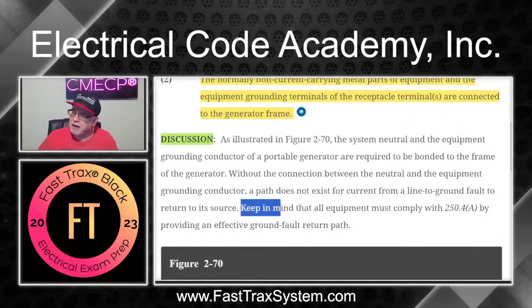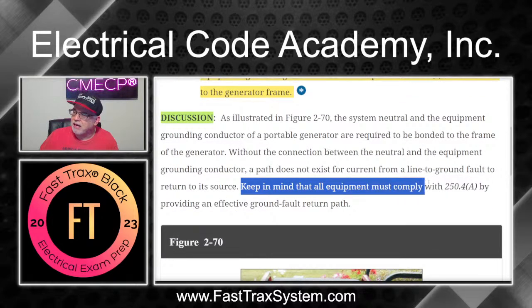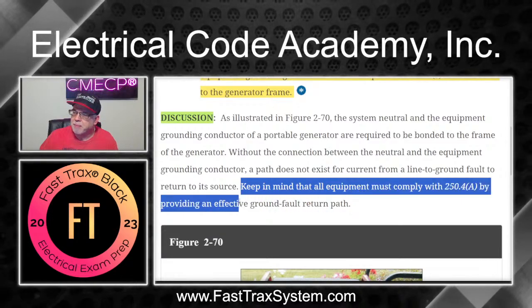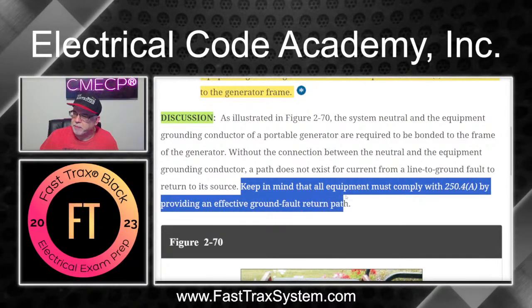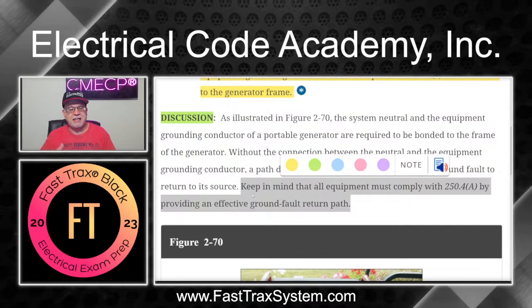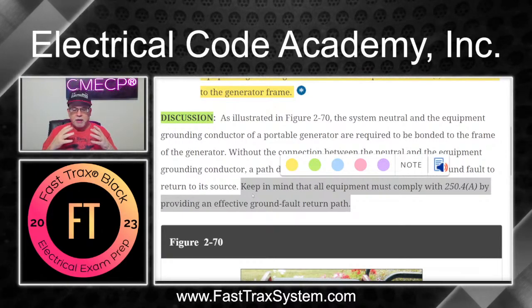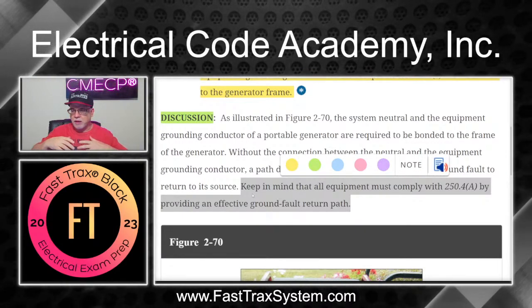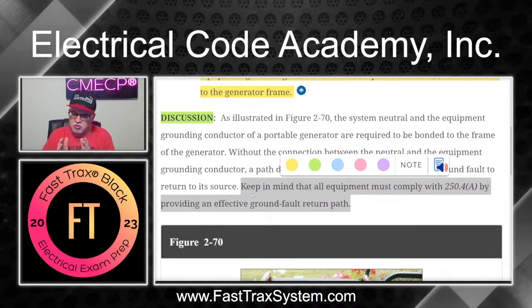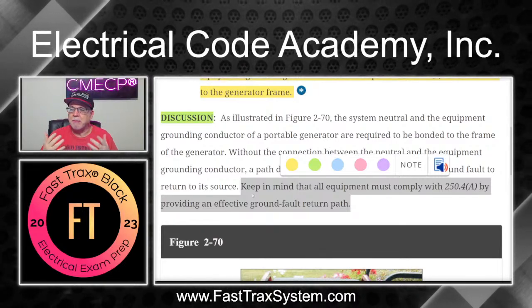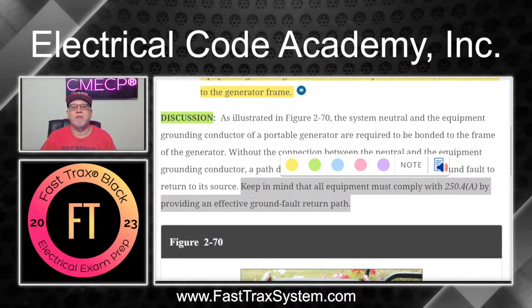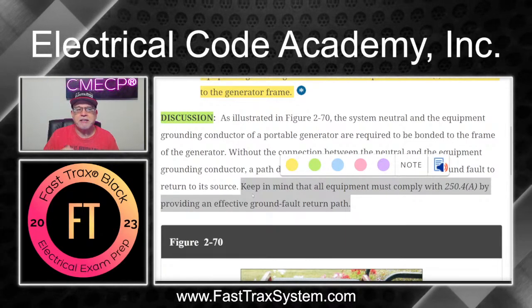So keep in mind that all equipment must comply with 250.4(A) by providing an effective ground fault current path. Now, we're all pretty familiar with that in the code. When we run branch circuits and make all of our connections, we use proper terminations in accordance with 250.8, and we're establishing an effective ground fault current path. Well, there's no difference here on this generator.